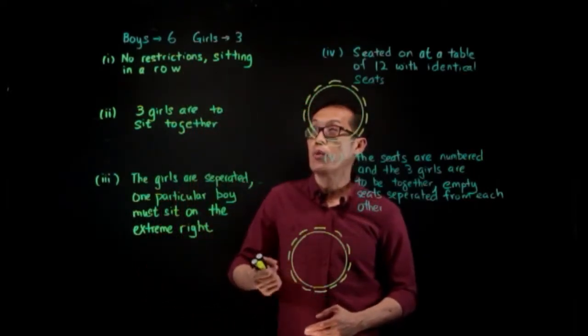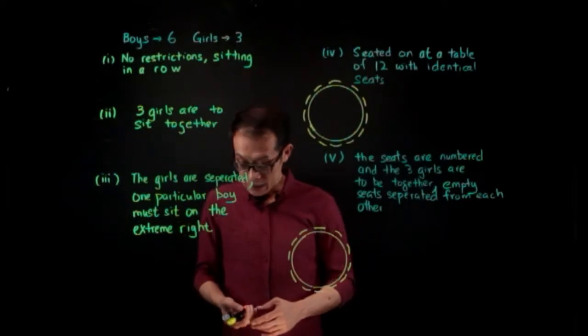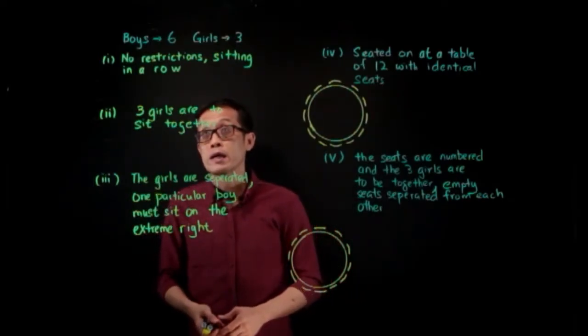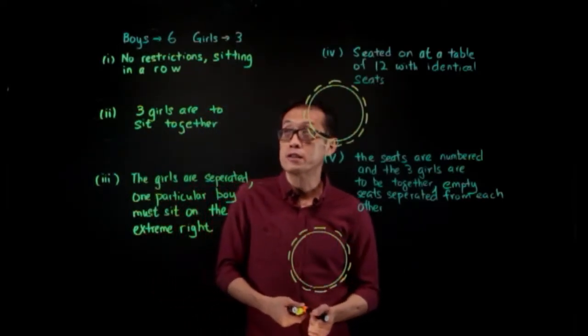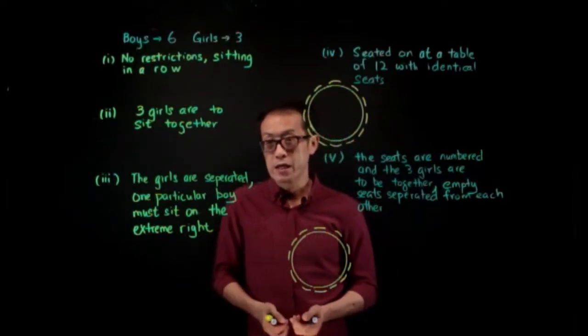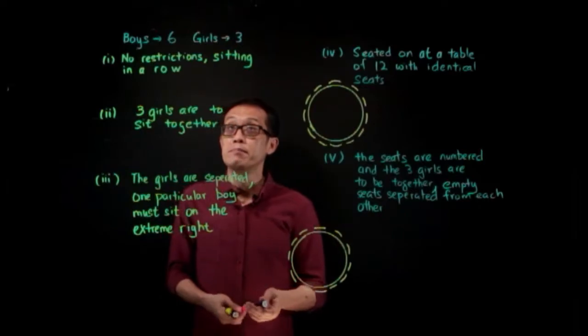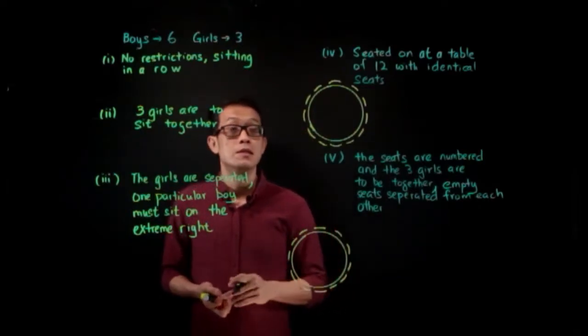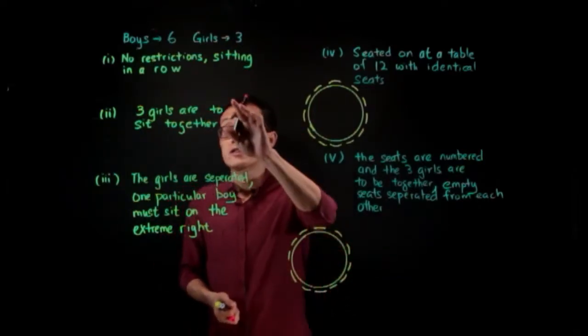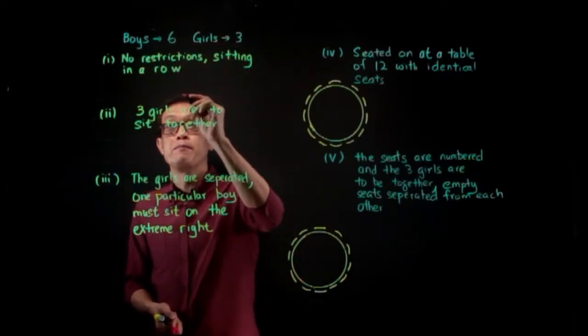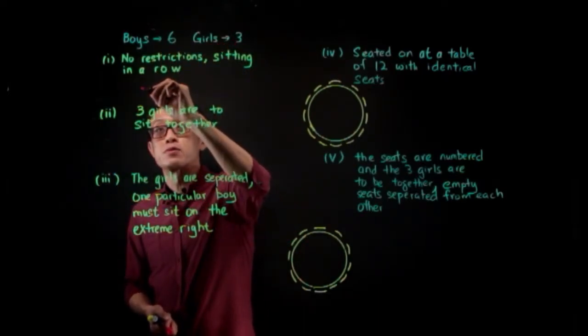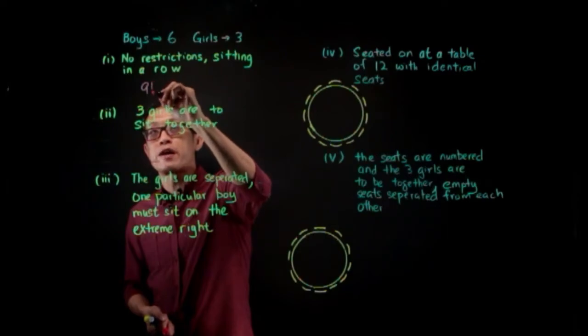Now, in question number 1, there are 6 boys and 3 girls. Part 1. If there are no restrictions, how many ways can they be seated in a row? This one is pretty simple. Now, no restrictions. Altogether, there are 9 people. Alright, so it's 9 factorial.